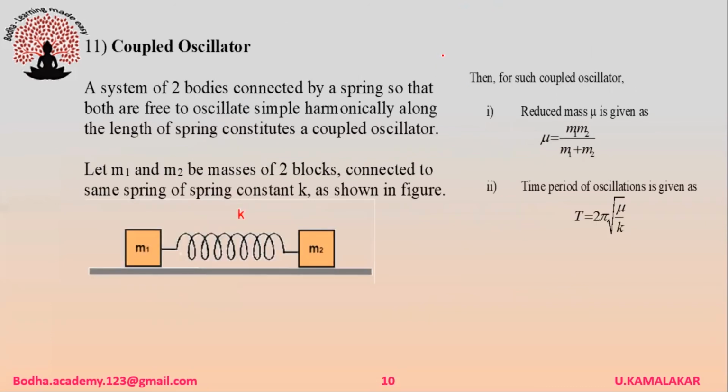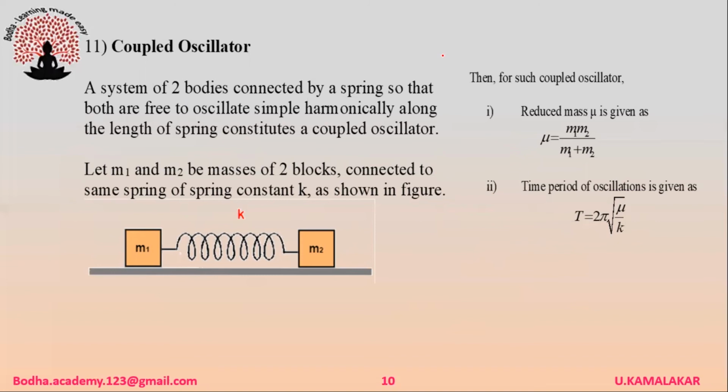Coupled oscillator. A system of two bodies connected by a spring so that both are free to oscillate simple harmonically along the length of the spring constitutes a coupled oscillator. Let M1 and M2 be the masses of two blocks connected to the same spring of spring constant K as shown in the figure.